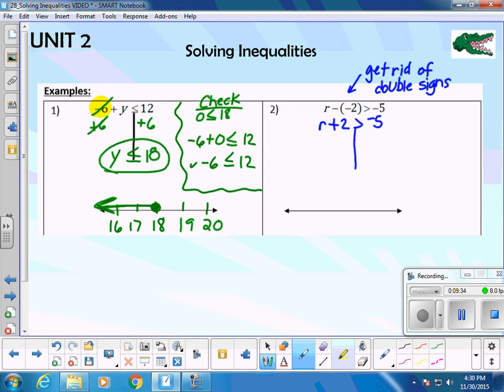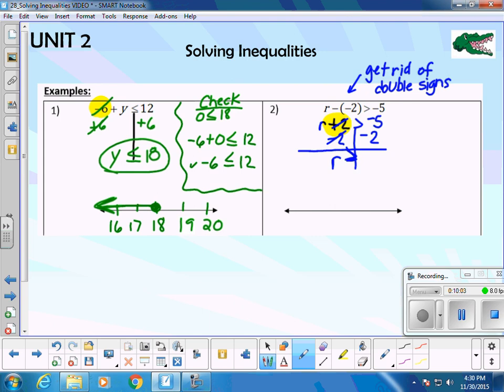Draw your line to separate your problem. Now, I'm going to get rid of this because that's the side with the variable. To undo a +2, I'm going to use a -2. +2 and -2 cancel. I'm left with just r, and that is r is greater than, sorry, I almost wrote an equal sign like I told you not to do.